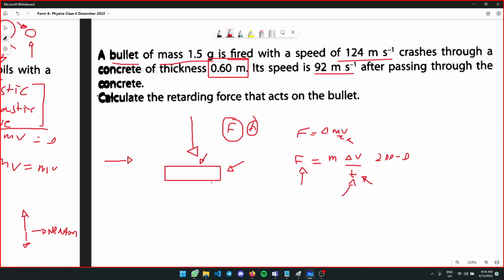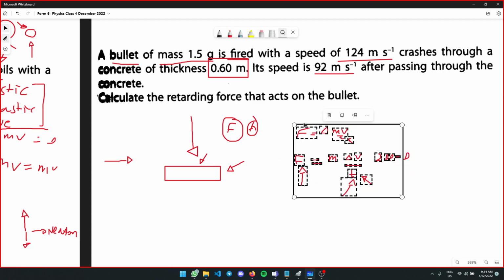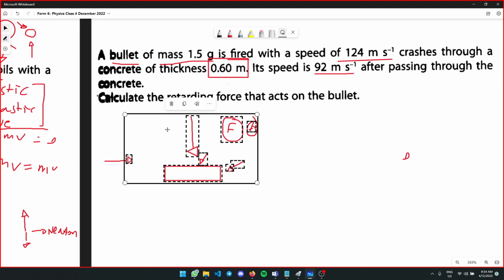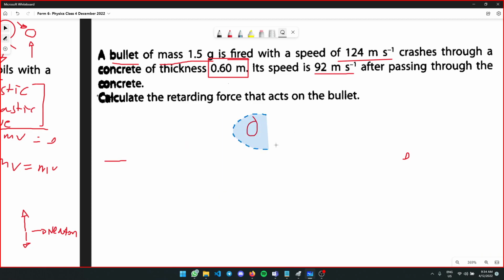For this question, I'll give you a diagram so I can give you a clearer picture of what's going on. So this is the bullet.